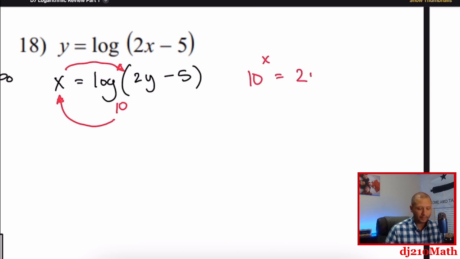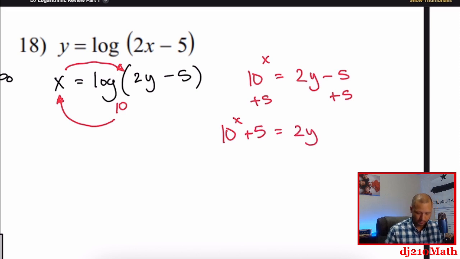And now we just isolate y. Plus 5, both sides. So 10 to the x plus 5 equals 2y. Divide both sides by 2 because we want to isolate the y.